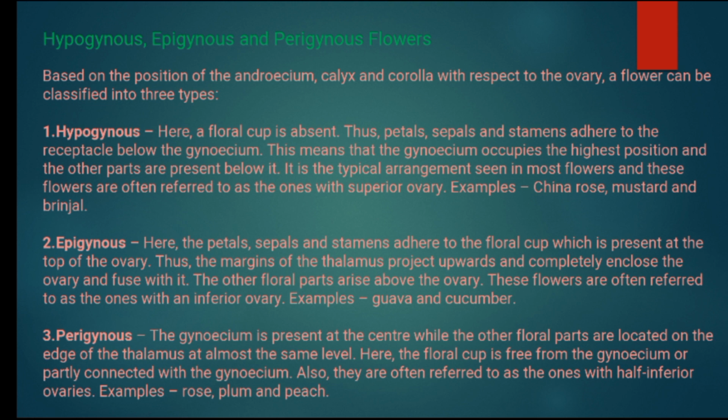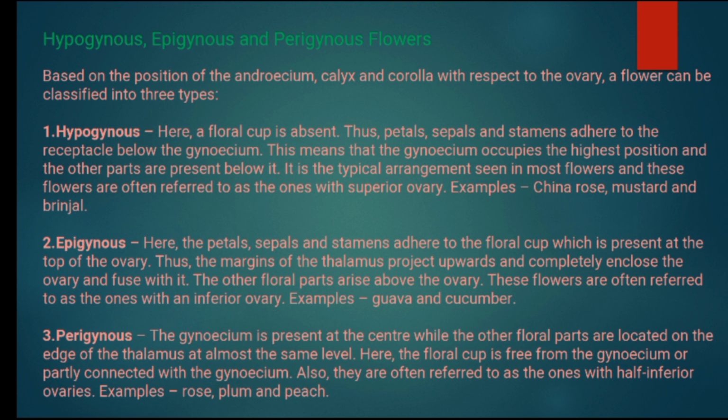Such an ovary is in the superior position, at the top. Such a position of the gynoecium is called hypogynous, based on the position of the androecium, calyx and corolla with respect to the ovary. A flower can be classified into three main types: hypogynous, epigynous and perigynous.